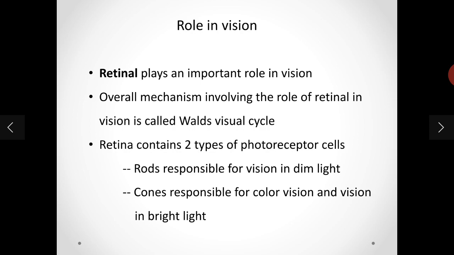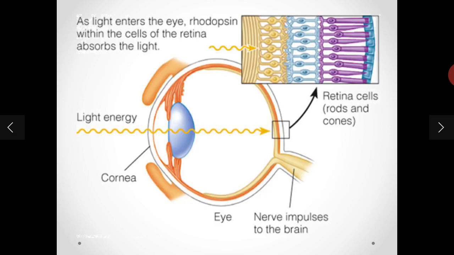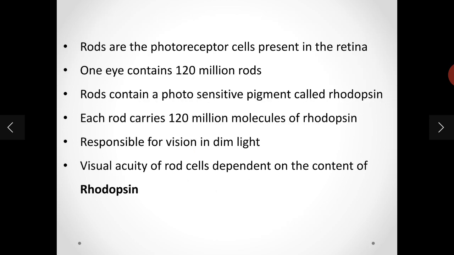The rods are the cells responsible for dim light or vision at night, and the cones are the cells responsible for your color vision and also for bright light, that is in the daytime. This is the picture showing the retinal cells.